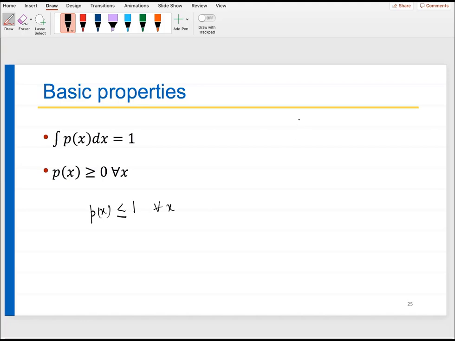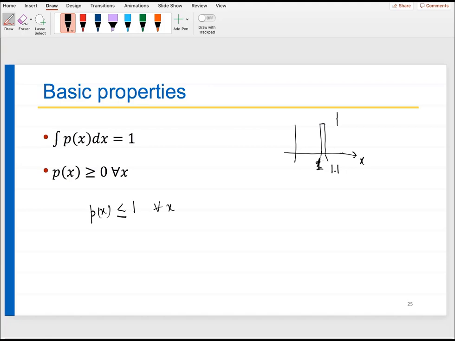Okay, this is not correct. Let us say this is 1, this is 1.1. So this is my x, and I only find x between 1 and 1.1 always. So what is the height?